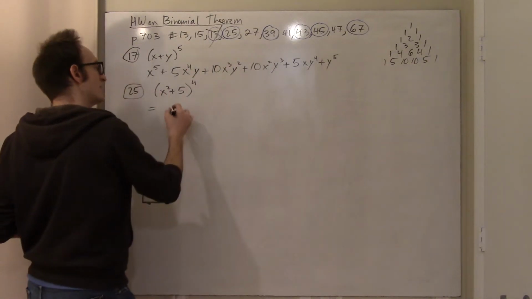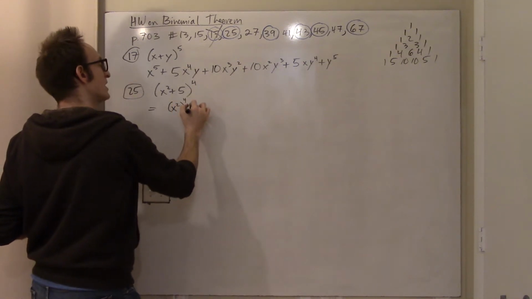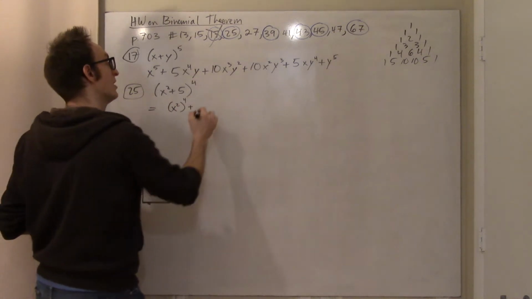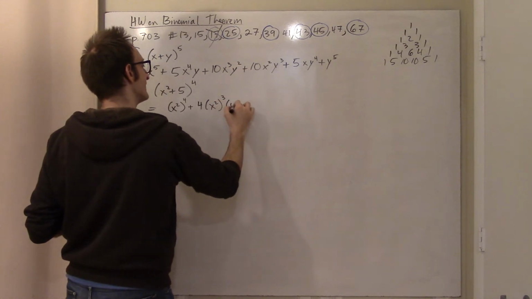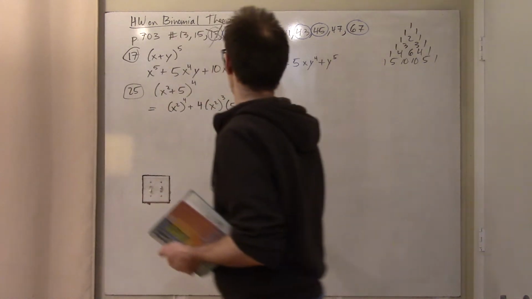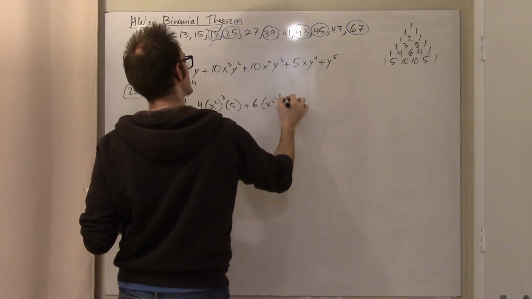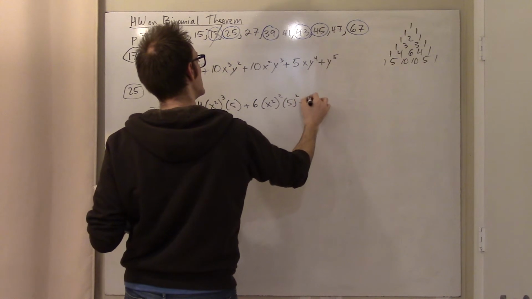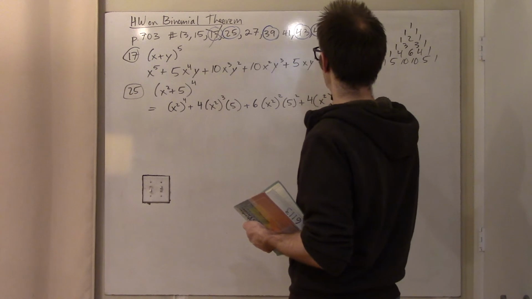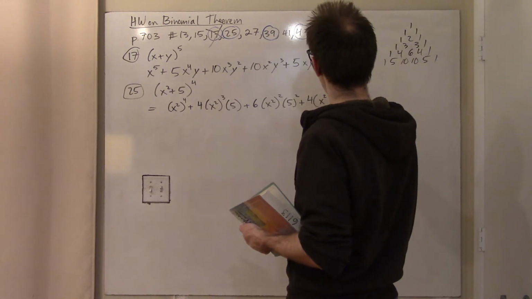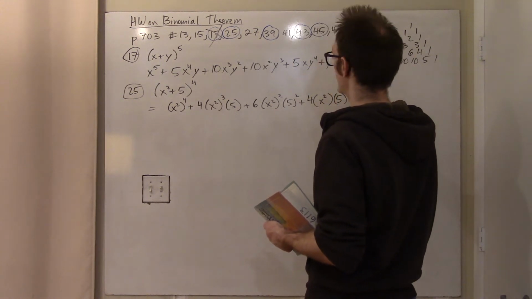So it's (x squared) to the fourth plus, being very careful now, 4(x squared) cubed times 5 plus 6(x squared) squared times 5 squared plus 4(x squared) to the 1 times 5 cubed plus 5 to the fourth.